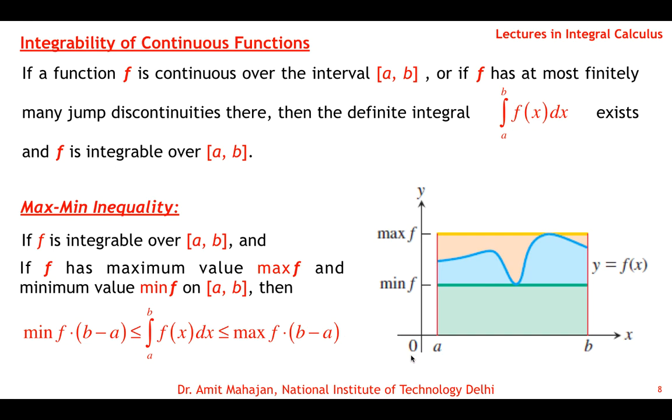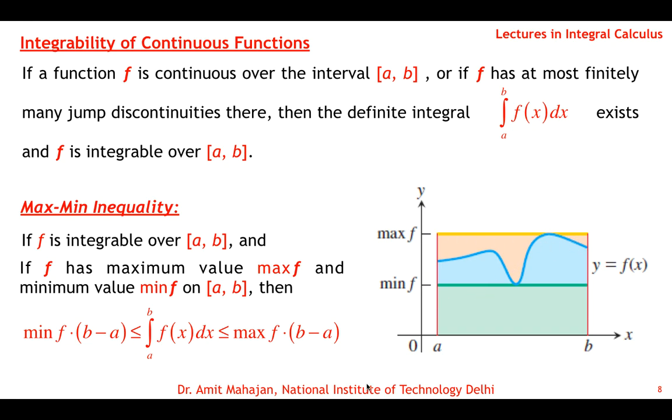Graphically, if there is a curve y equals f(x), you can see that this is the minimum value of the function in this interval, so this is your min f, and here is the maximum value of the function in interval [a, b], so you have a max f.